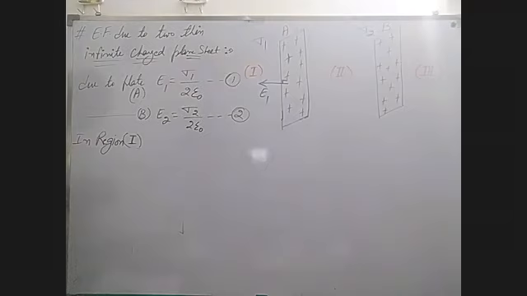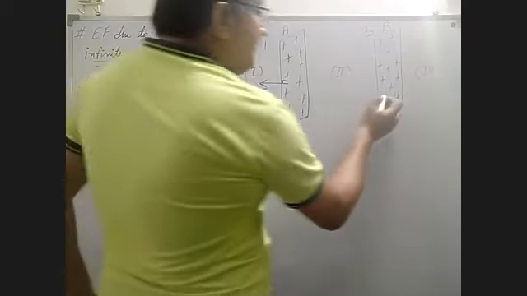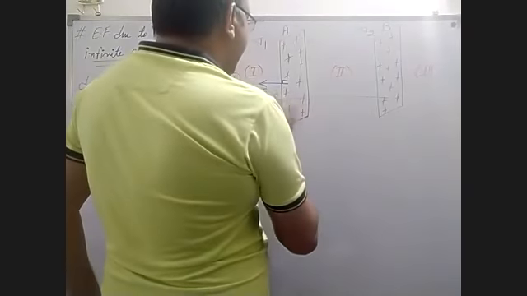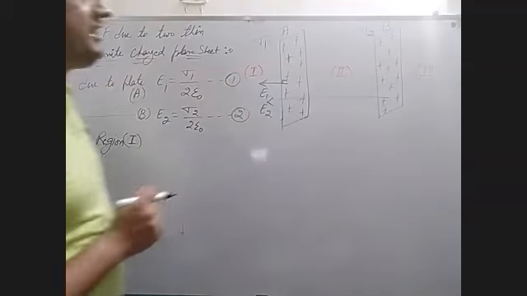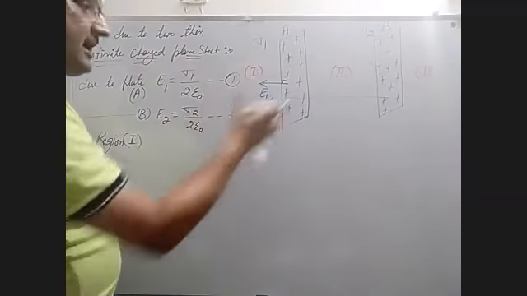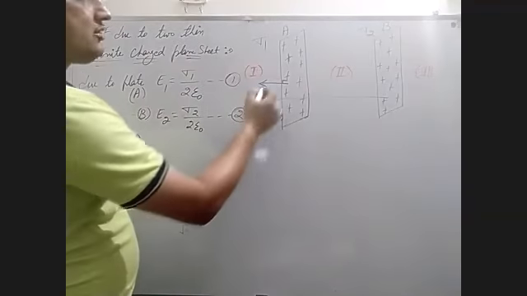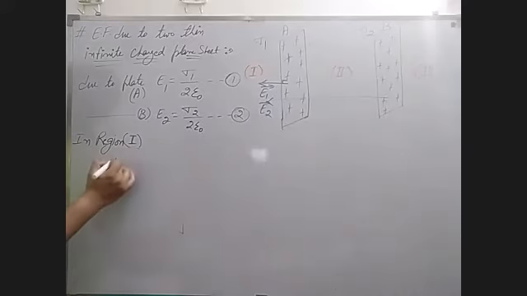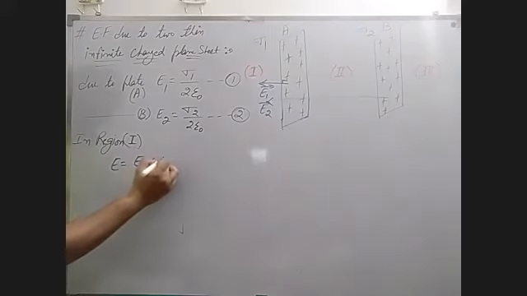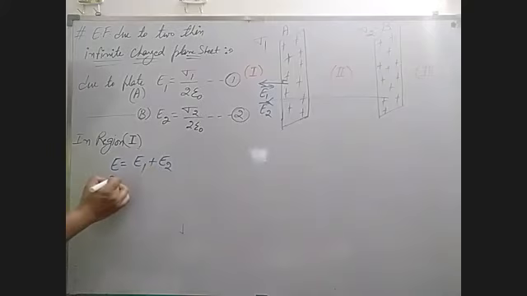And what about B? B also has positive charge, and this plate also gives electric field in this direction. So both E1 and E2 in region first are in the same direction. So according to vector addition, if we want the net electric field in this region, then we should add them.